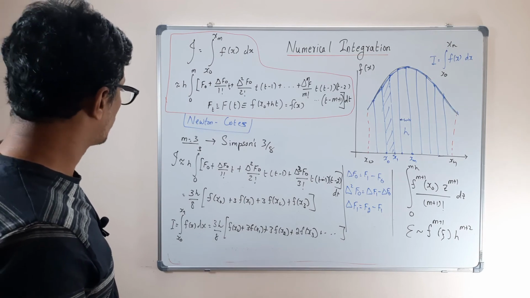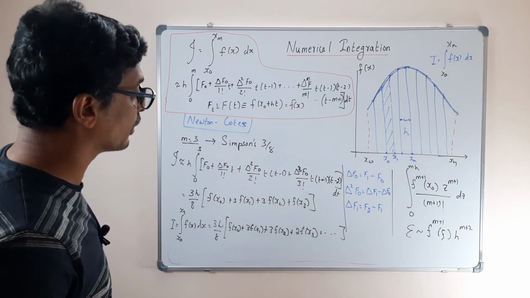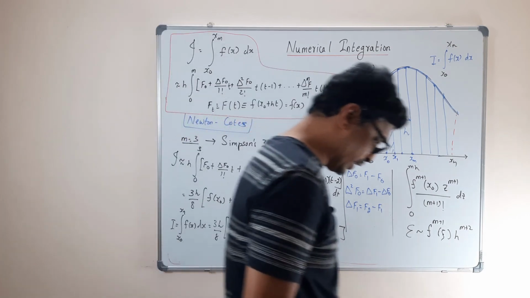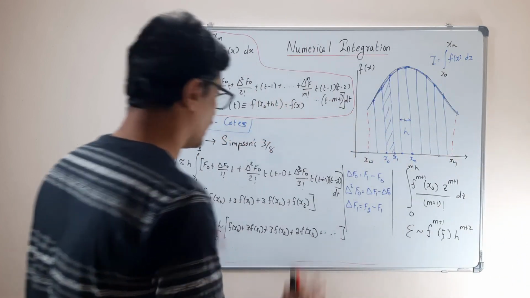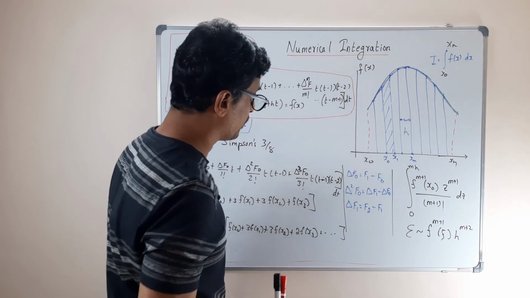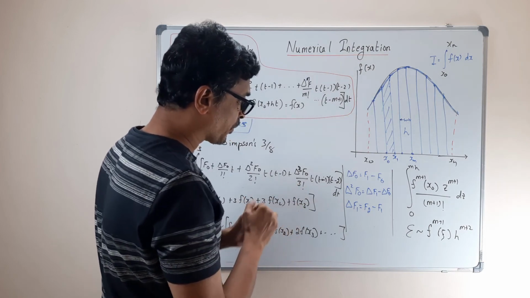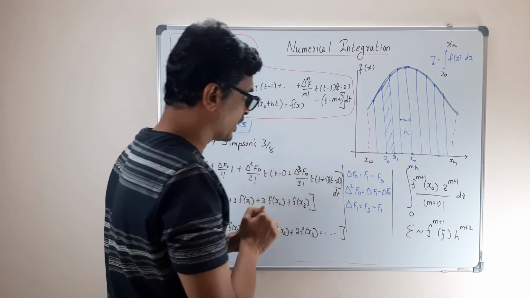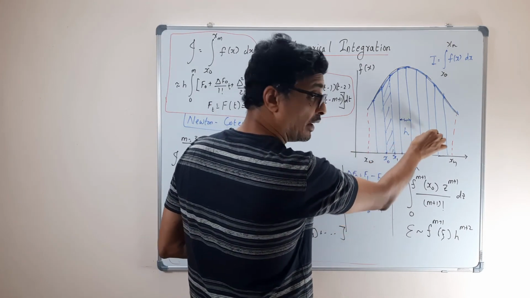Fine. So with that, I will stop today's lecture on numerical integration. Though this is a very interesting method, and we can use it to find a polynomial and do that, there is still some handicap, because I have to divide this into equal intervals.